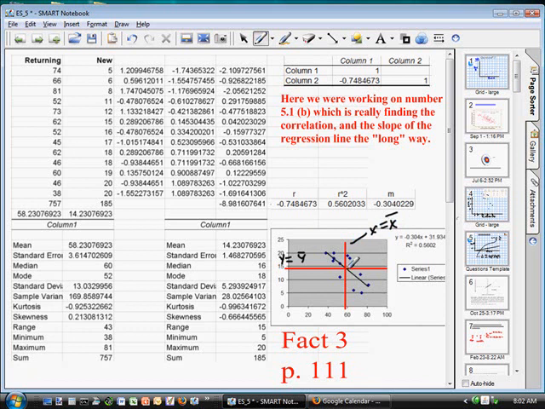And so this point right here where the two red lines intersect is x bar, comma, y bar. Now, do you remember what we mean by the bars? The mean of x, the mean of y.